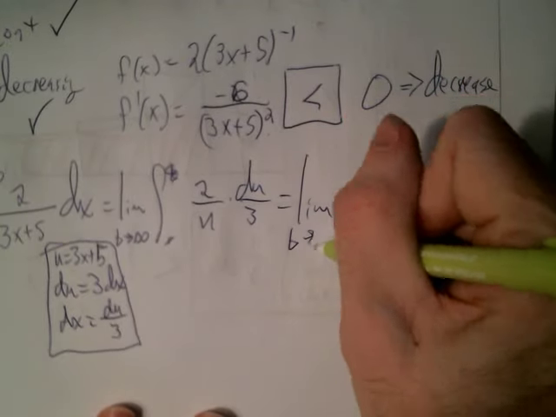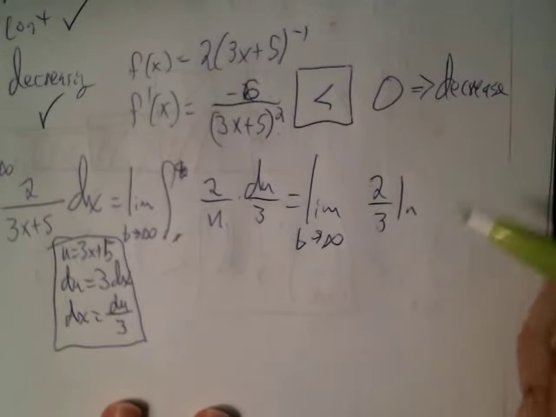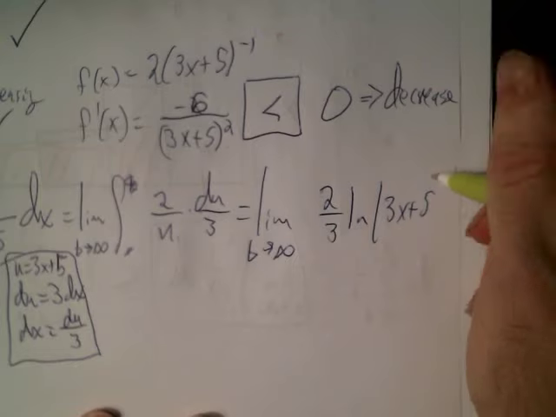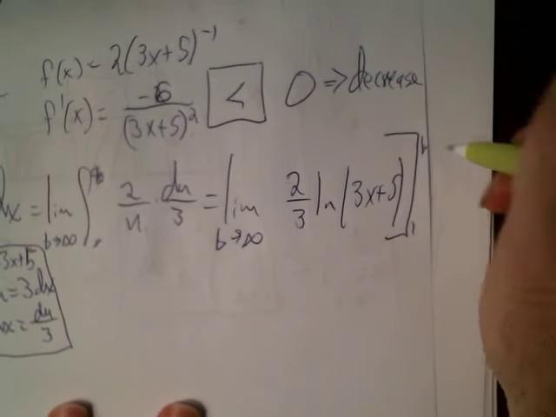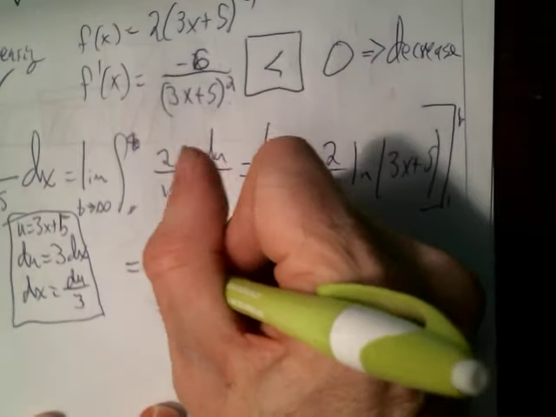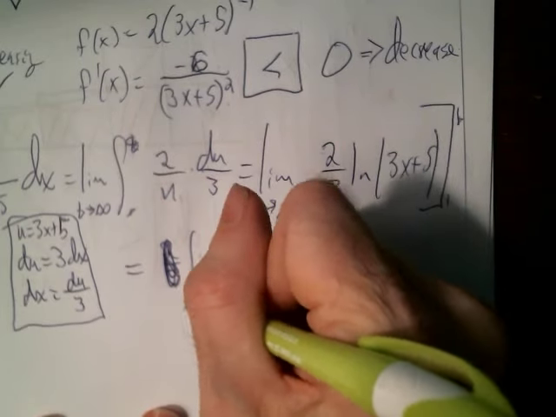Limit as b goes to infinity of 2/3 ln absolute value of u. Back subbing, I get absolute value of 3x plus 5. Let's remind myself to evaluate from 1 to b. This will be 2/3, and of course there's still a limit involved here, so we don't want to forget that.